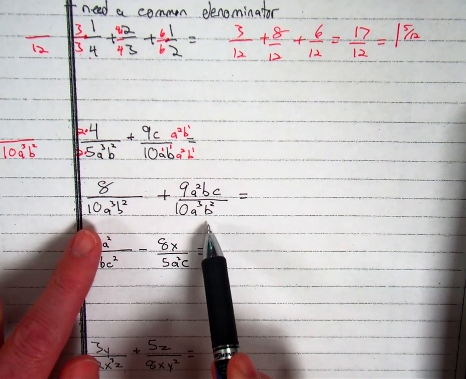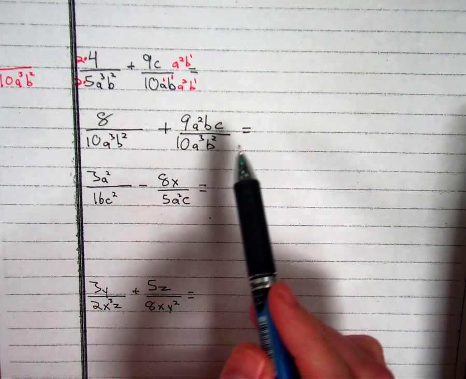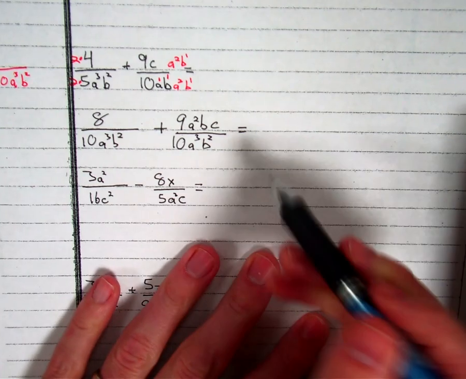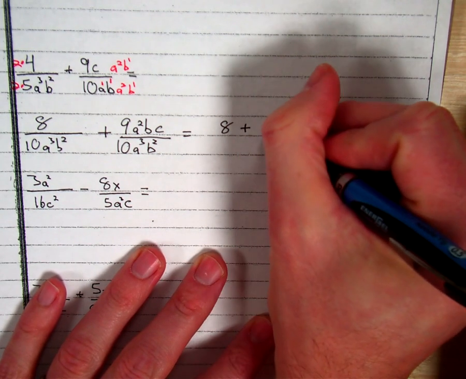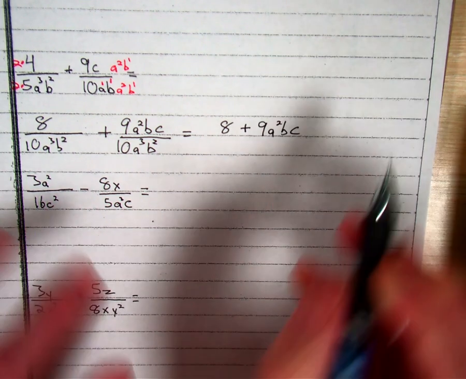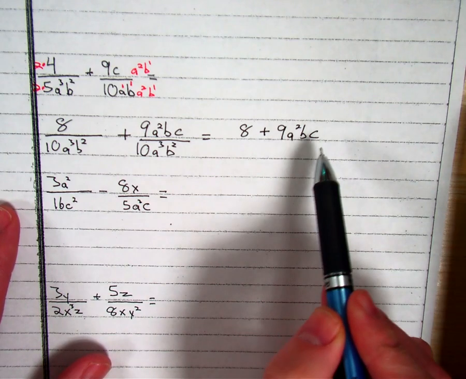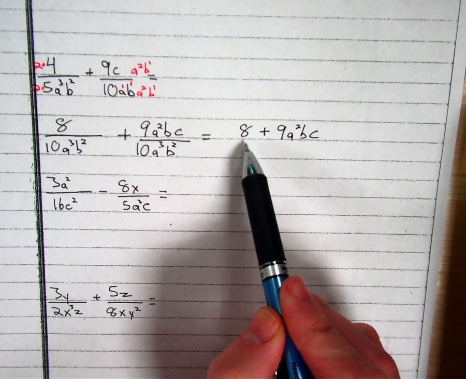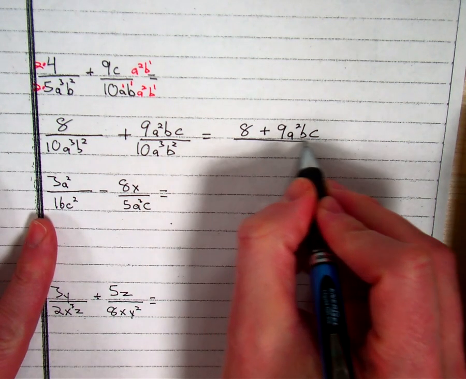And now we have a common denominator. And with the monomial problems, what's usually going to happen is you're just going to squish them together over one denominator. You're probably not going to be able to combine anything, because in order to combine things, you'd have to have literally the exact same combination of letters and powers. So it'd have to also be 8a squared bc in order to actually add those together.